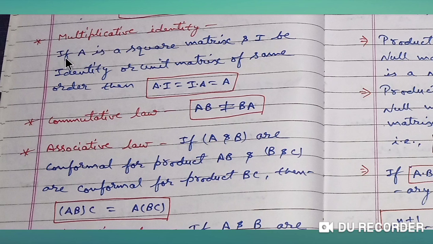It says that if A is a square matrix and I is the identity or unit matrix of the same order, then... Actually, I have not mentioned the identity or unit matrix, but these are basic things, and we have all studied these small things in our school classes, in 11th or 12th.